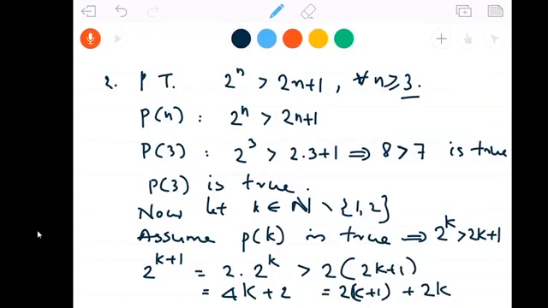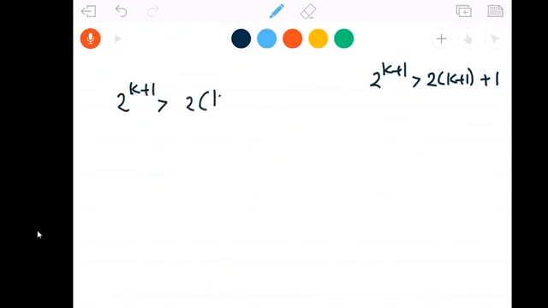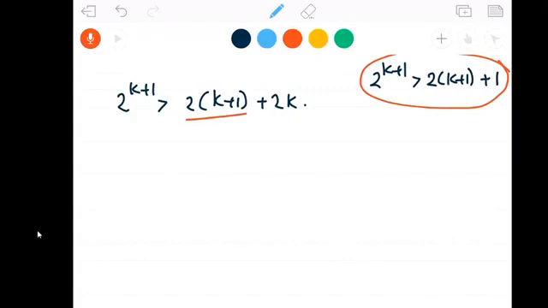So what I have to prove is 2^(k+1) is greater than 2(k+1) plus 1. So now I have 2^(k+1) is greater than 2(k+1) plus 2k. This is what we have now, and this is what we have to prove. So this 2(k+1) is here, but instead of 2k we should have 1 here.